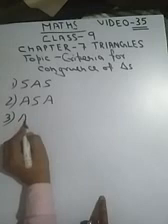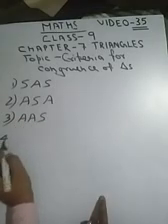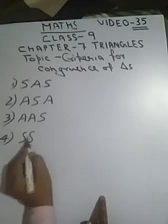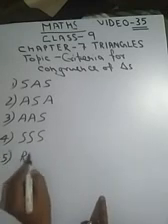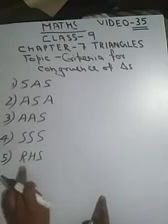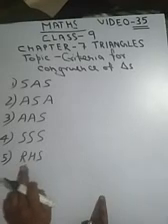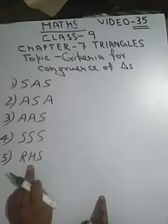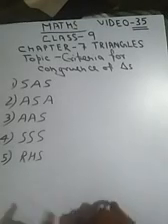Third is AAS. Fourth is SSS, and fifth is RHS. Here this R means right angle, this H means hypotenuse, and S stands for side.